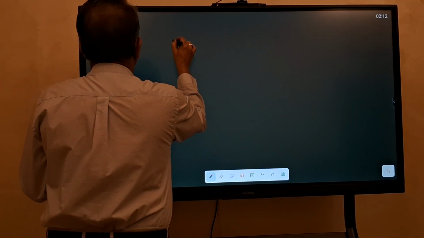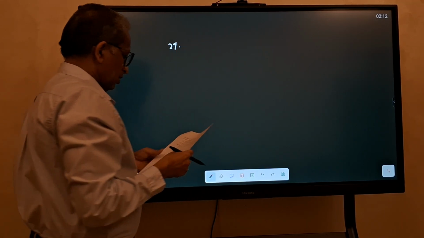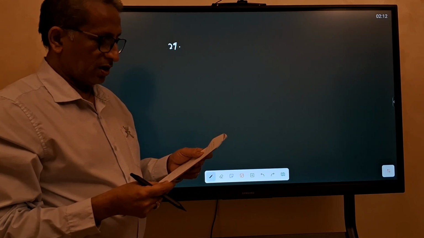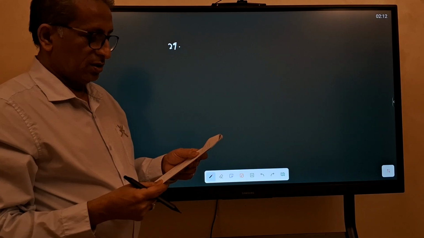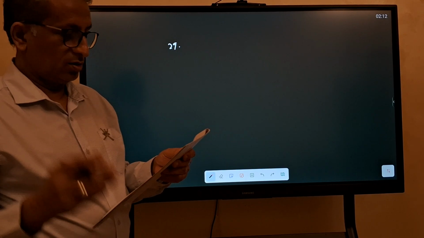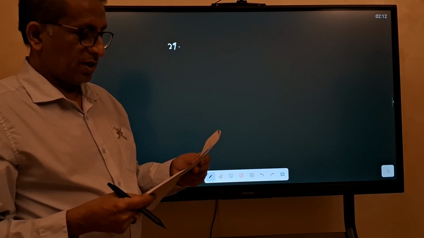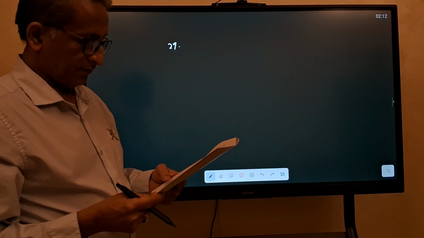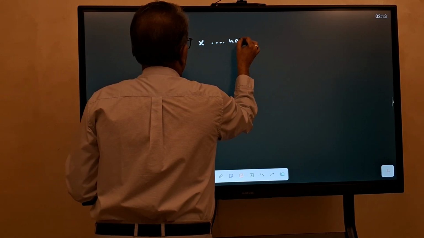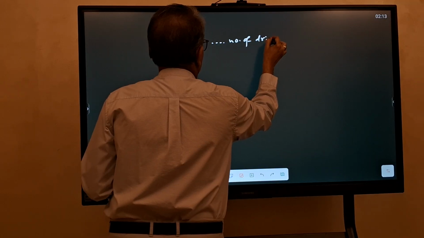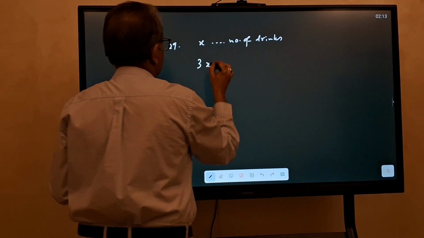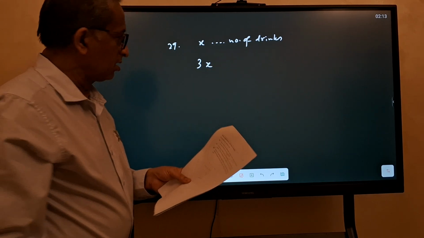Coming to 29. Mariam got a 20 Omani Riyal gift card for the coffee shop, and her iced drink cost Omani Riyal 3. What is the maximum number of drinks she can buy? So let's say X the number of drinks. Each drink cost 3. So that means total cost is 3x.